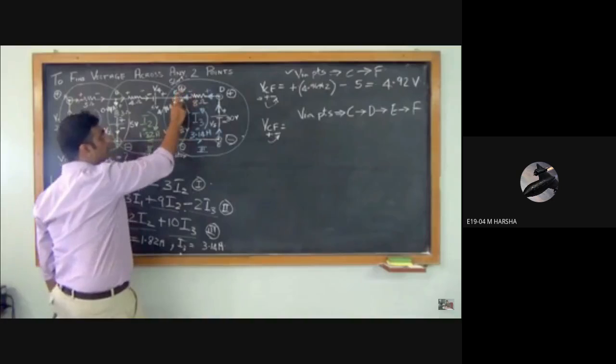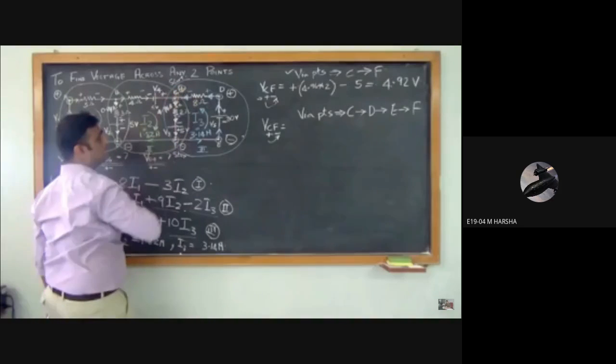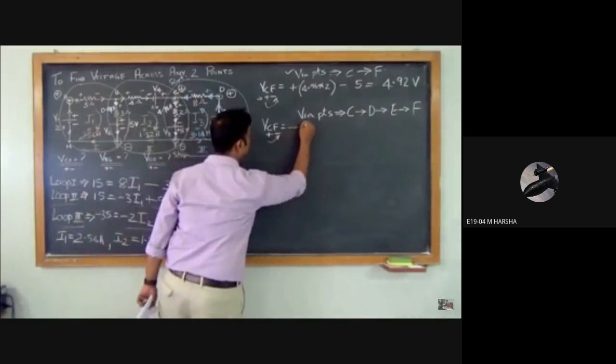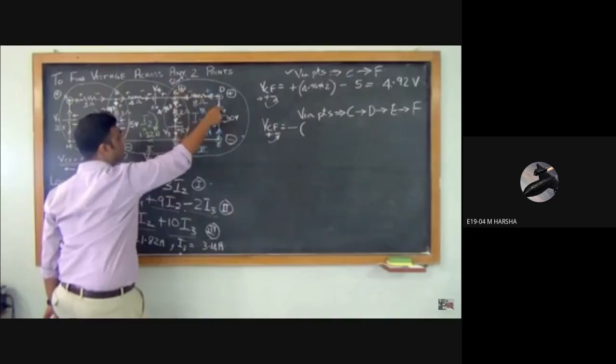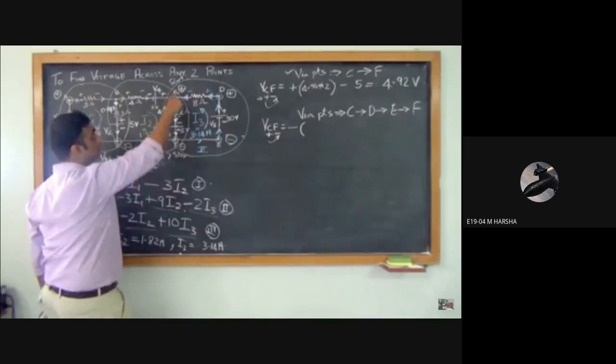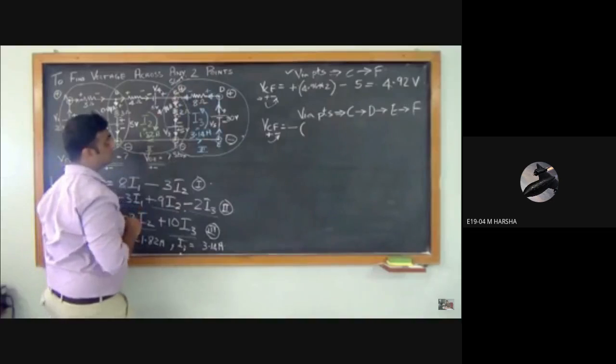Again, positive into negative, negative. So I have to multiply. Clear? So positive into negative, negative.